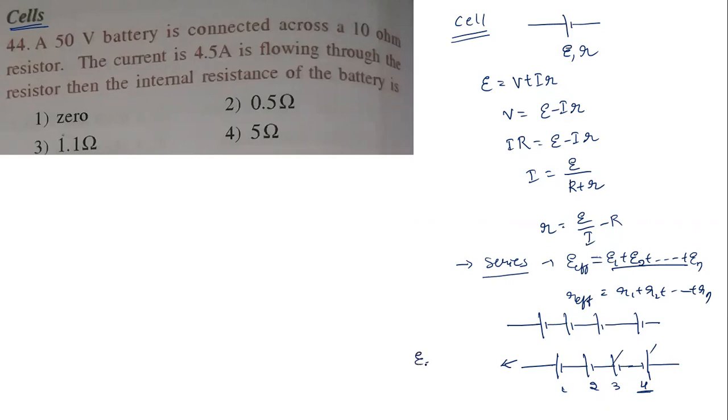If they're wrongly connected, effective EMF becomes (N minus 2M) times of each value, if they're identical in nature.